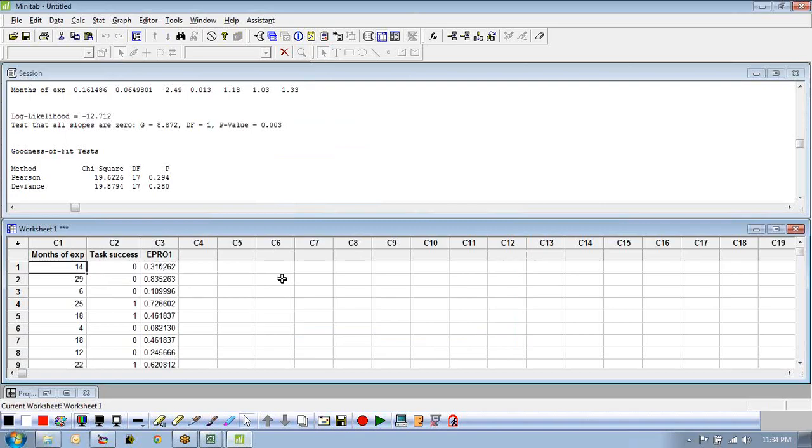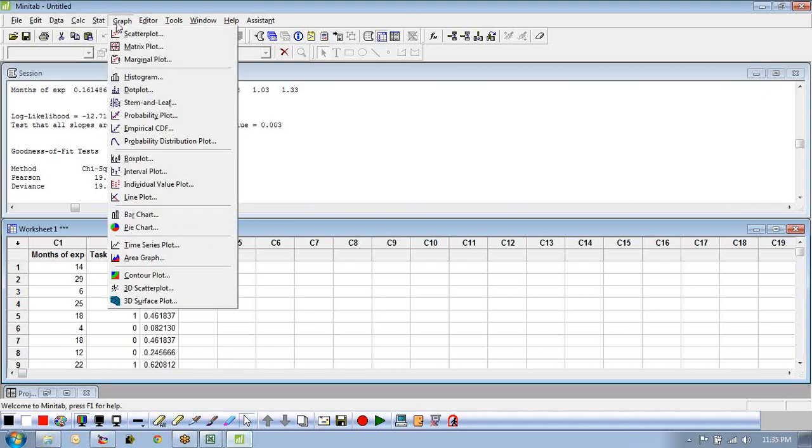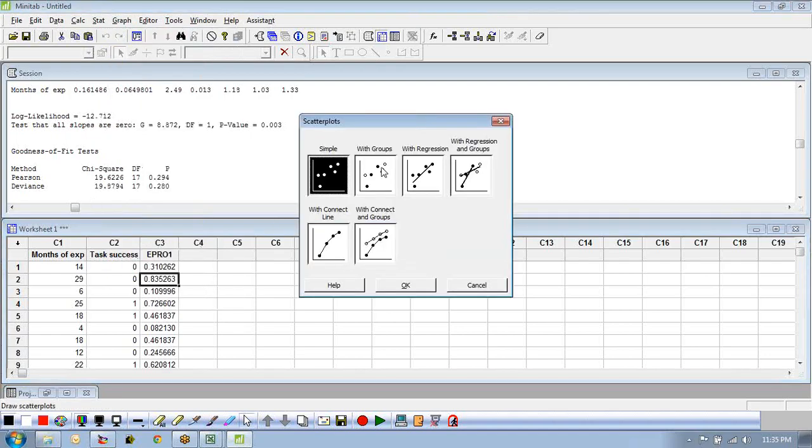So this says, for this person with 14 months of experience, his probability of success on a specific task was 30%, and so forth. If I give him another task, that would be my prediction, 30% chance. Whereas for this guy with 29 months, I would predict an 83% chance that he would succeed. Let's see what that looks like, which is essentially unraveling the function and seeing what our probability function looks like. To do that, I'm going to look at the scatter plot of this output.